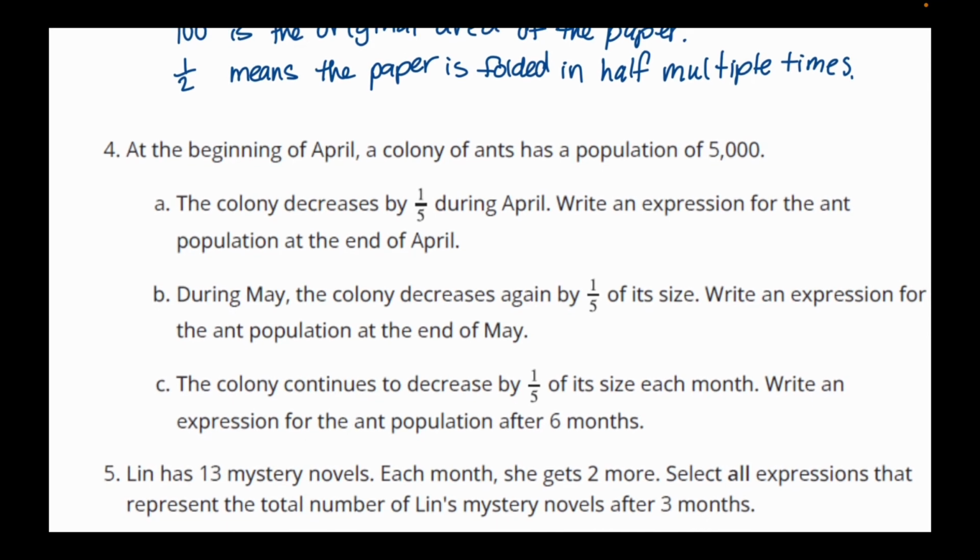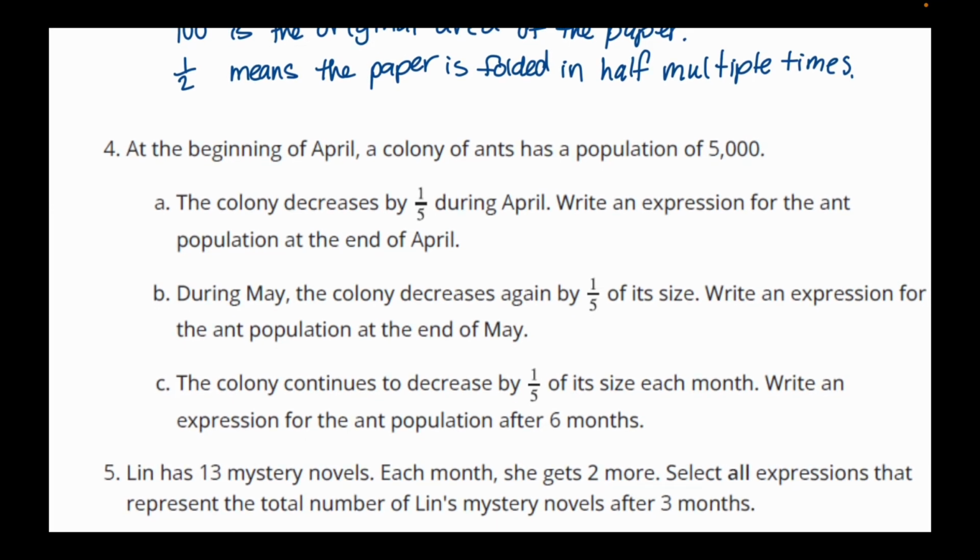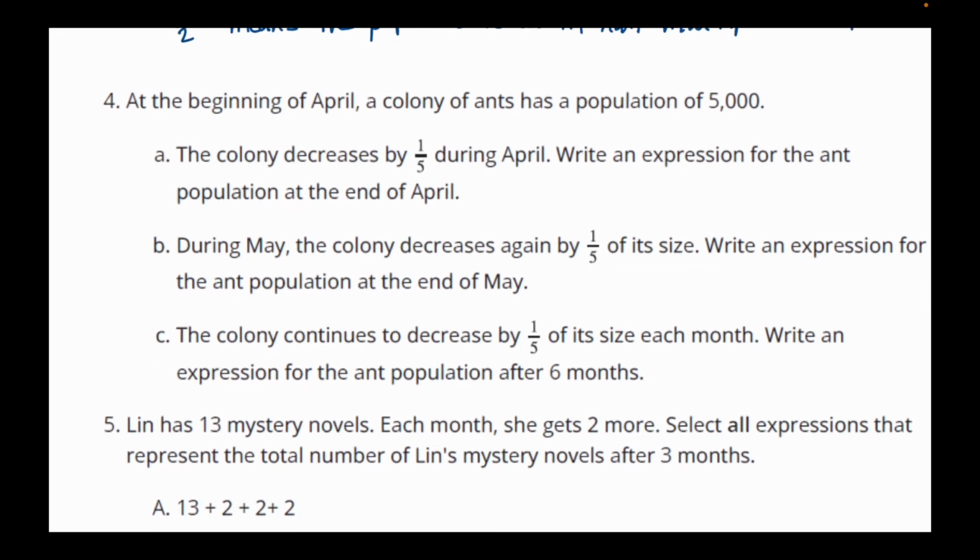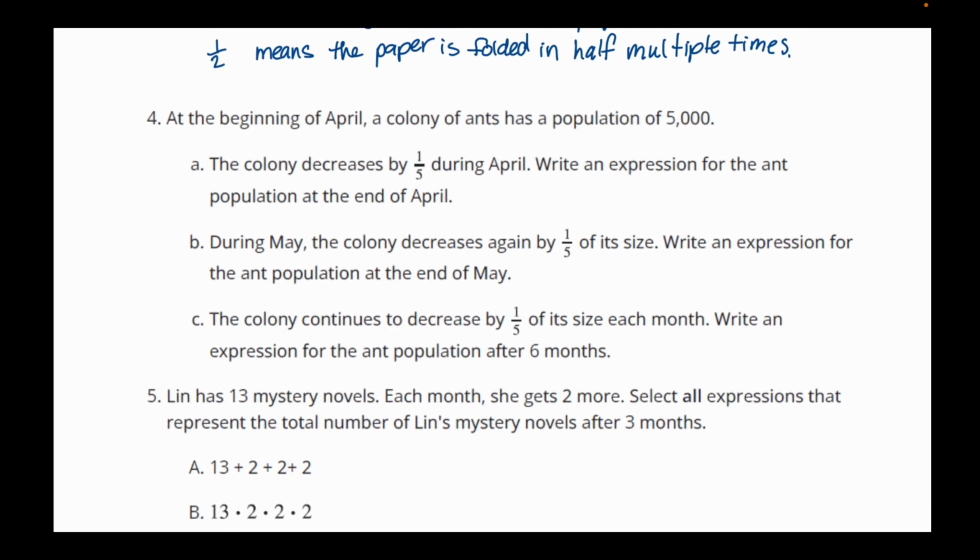If we keep going to question 4, we have this one. At the beginning of April, a colony of ants has a population of 5,000. The colony decreases by 1/5 during April. So we want to write an expression for the ant population at the end of April. Well, it's decreasing by 1/5.